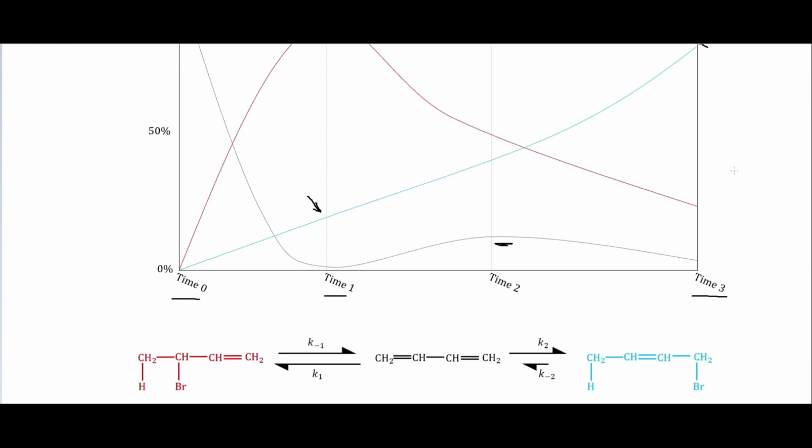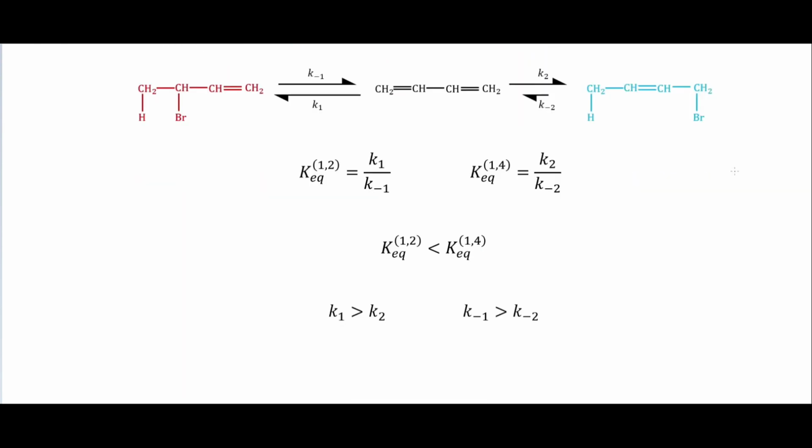And so we can think about this in terms of the equilibrium here as a function of the rate constants. So for our 1,2 addition, we have K1 over K-1, so that's our equilibrium right here. And then for the 1,4, we have K2 over K-2. That's our equilibrium right here.